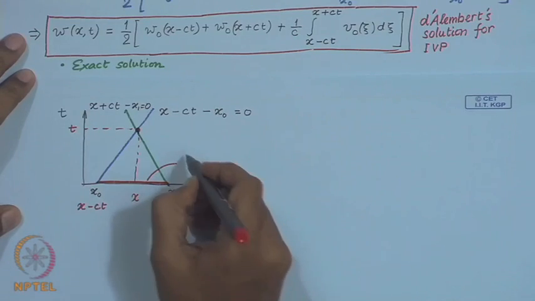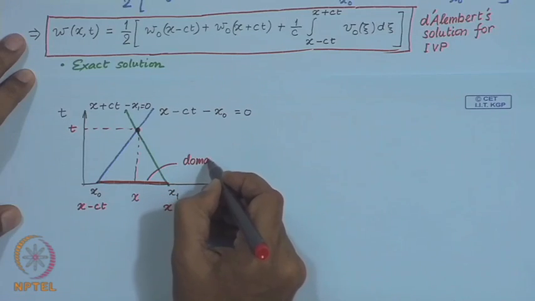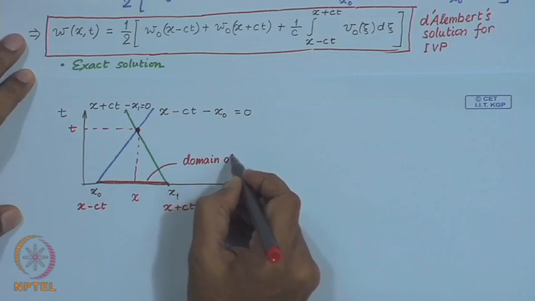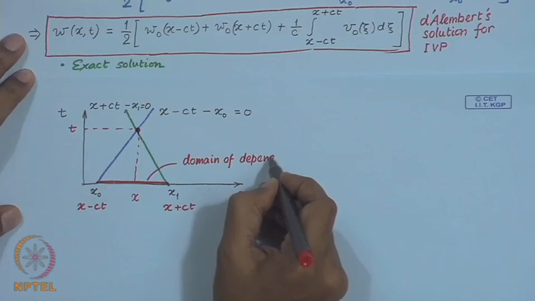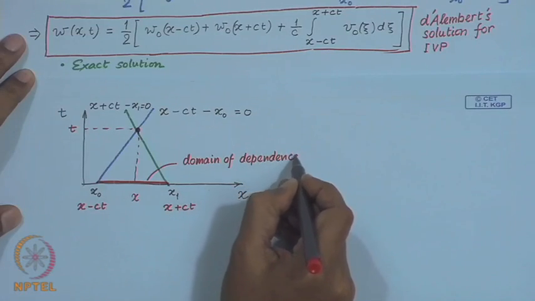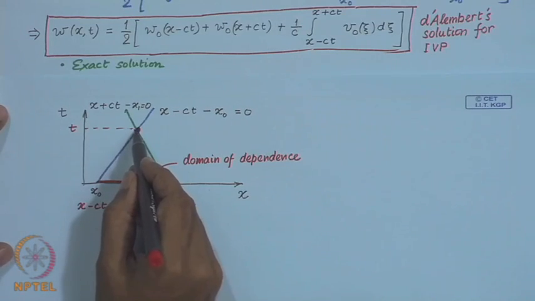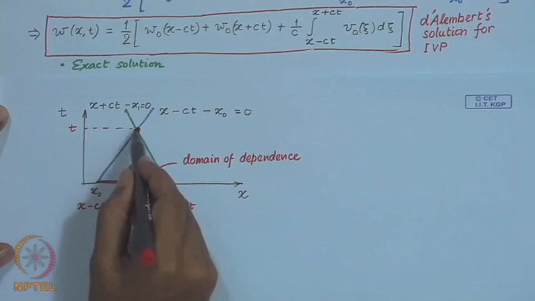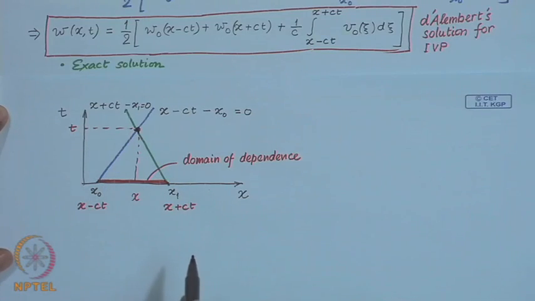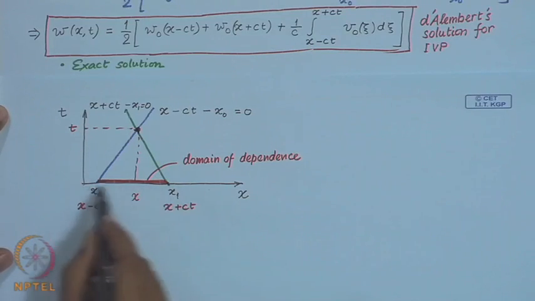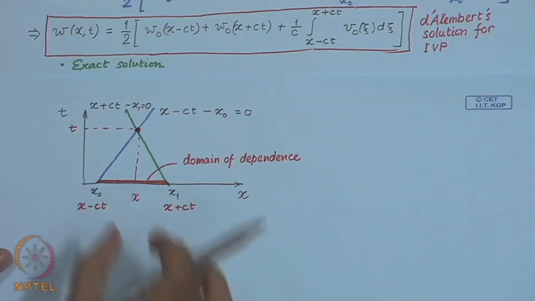This is called domain of dependence of the solution. So, the solution at any space point x and at any time t is dependent on the distribution of initial conditions in this domain.